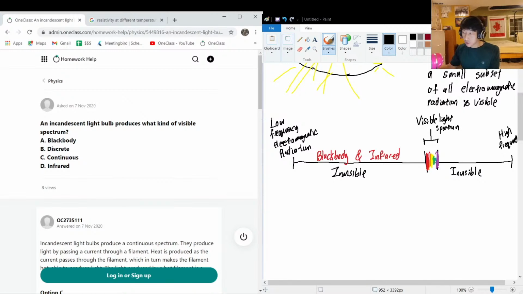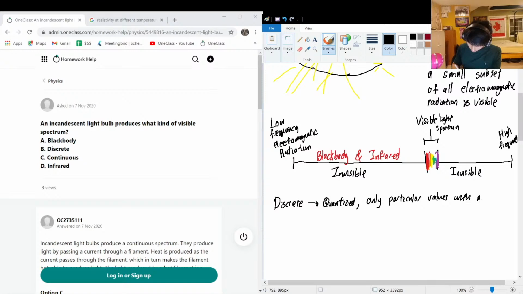So let's actually describe what the difference between discrete and continuous is. Discrete is like only one value at a time, no in-betweens. So it's like quantized. Only particular values with no in-between values.